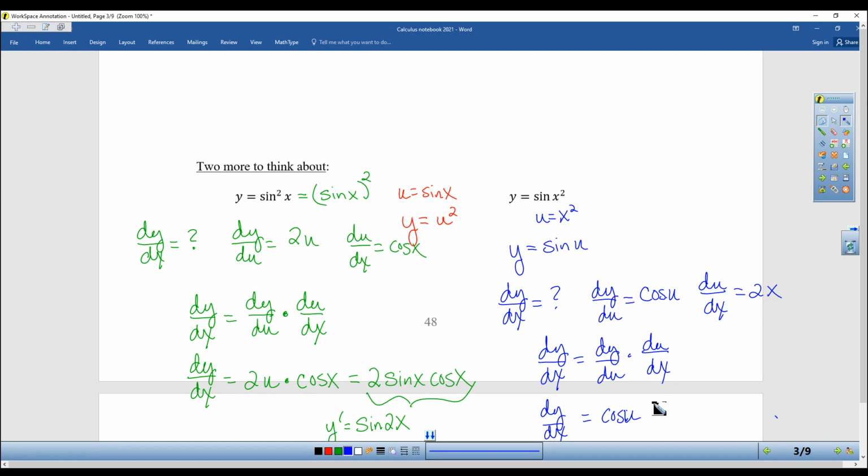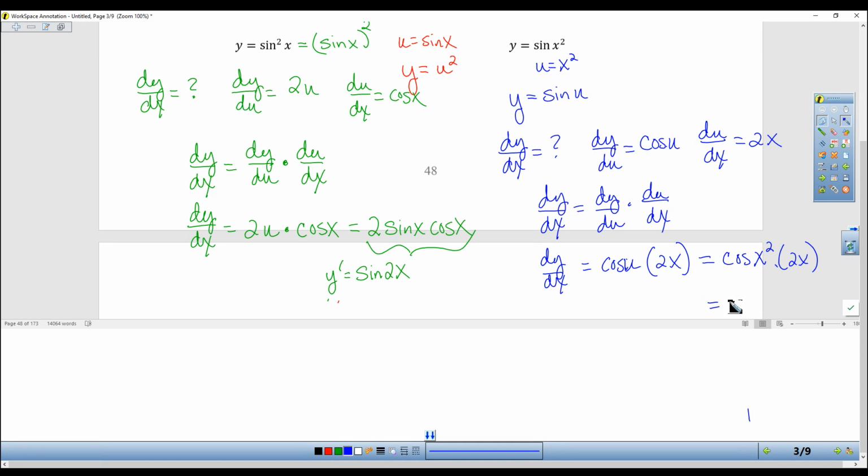Cosine of u, du/dx 2x. And then I have to put this back. Cosine of x squared. So remember, u was x squared. So that's what I have to put back. Times 2x. Or if you want to put the 2x out in front so you don't accidentally write 2x cubed, that would be a very safe thing to do. That's the derivative.